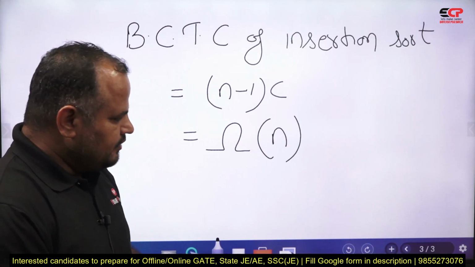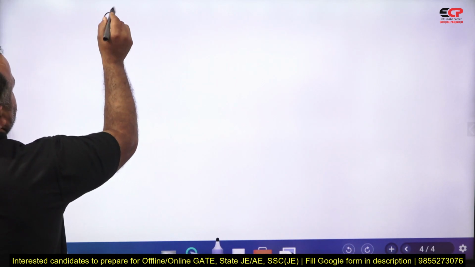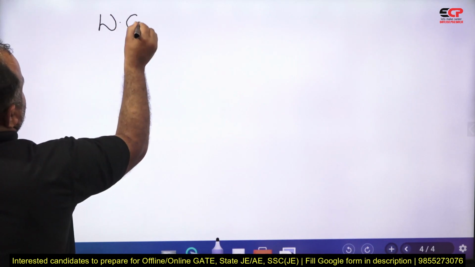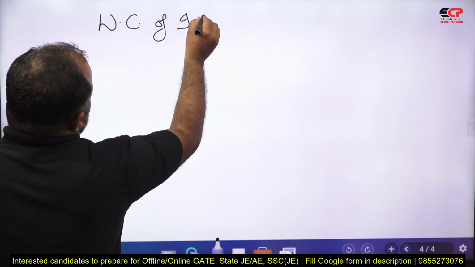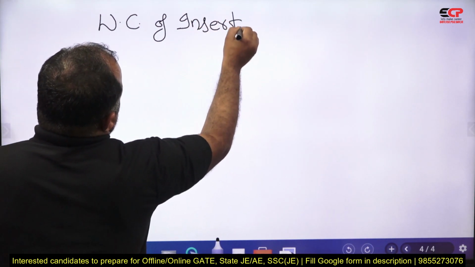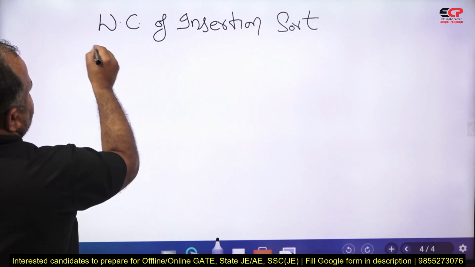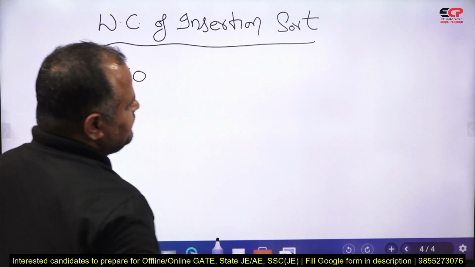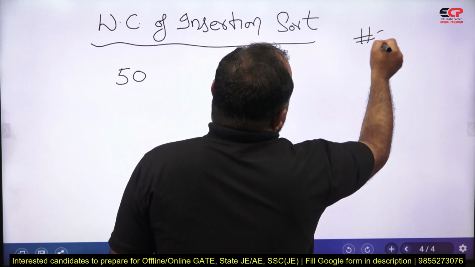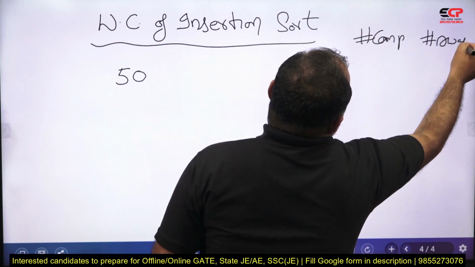Fine. If we talk about the worst case behavior of insertion sort, suppose the first element is 50. As the array is empty, we have to count the number of comparisons and the number of swaps.